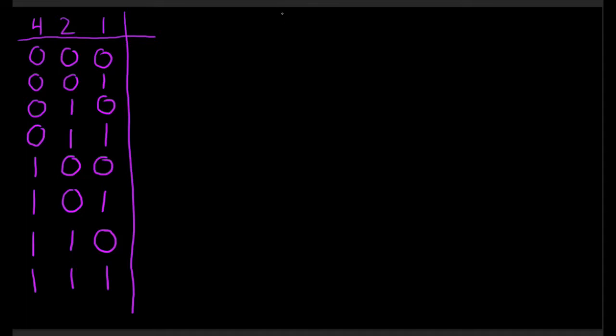So the first one is called Sign and Magnitude, S-I-G-N and magnitude, M-A-G-N-I-T-U-D-E. The way this works is, since we only have a 3-bit word here, we need a way to easily understand what is going to be our positive numbers and what is going to be our negative numbers.